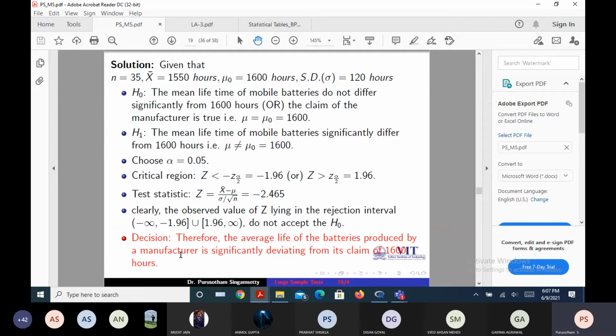The manufacturer claimed 1600 hours on average, but by observation and statistical investigation, it is shown that the manufacturer's claim is not true. Do you agree now? Yes, sir.